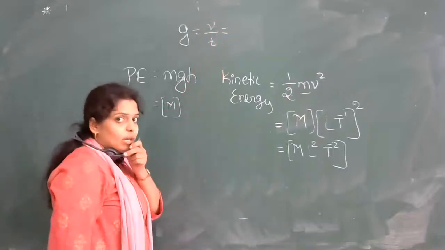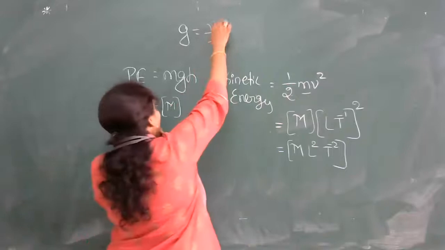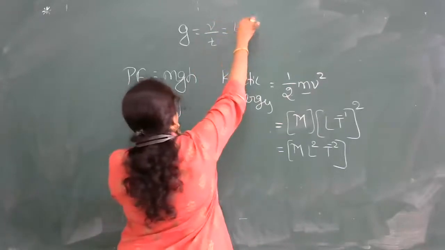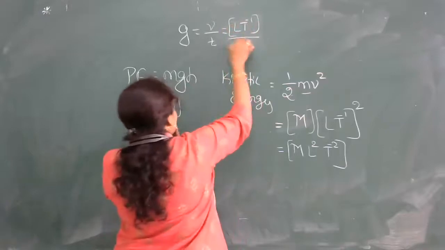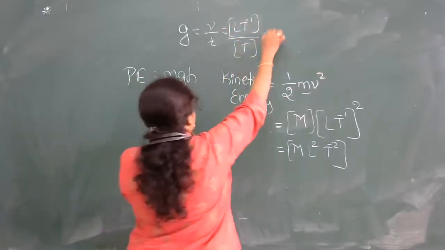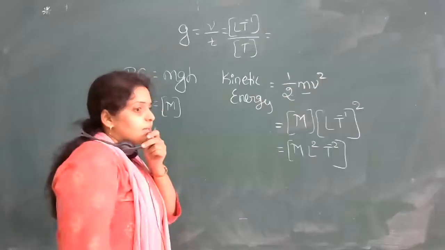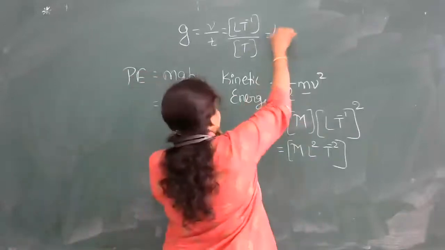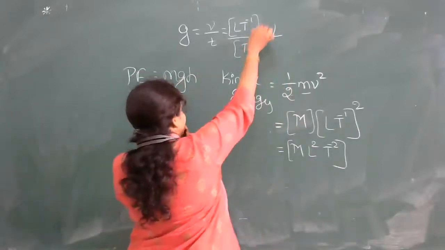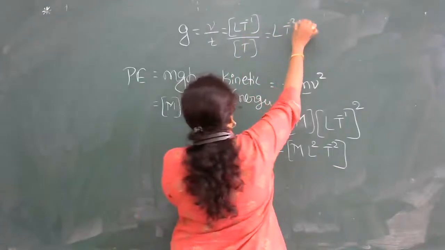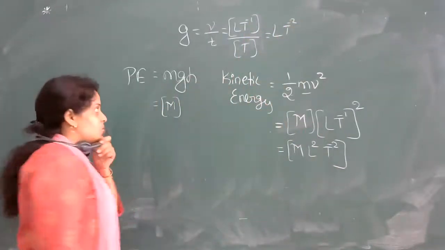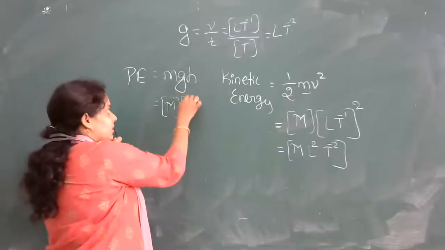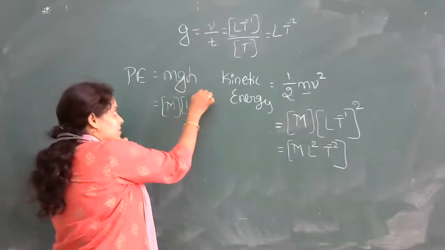Velocity is, you know already, LT raised to minus 1, divided by T. This is equal to L, and T raised to 1 in the denominator; if it goes to the numerator, it becomes T raised to minus 2. So acceleration is nothing but LT raised to minus 2.